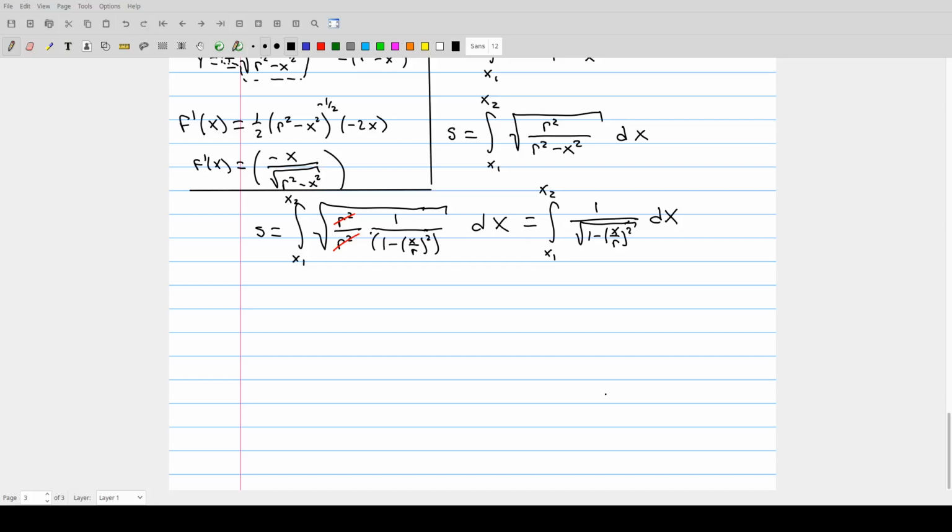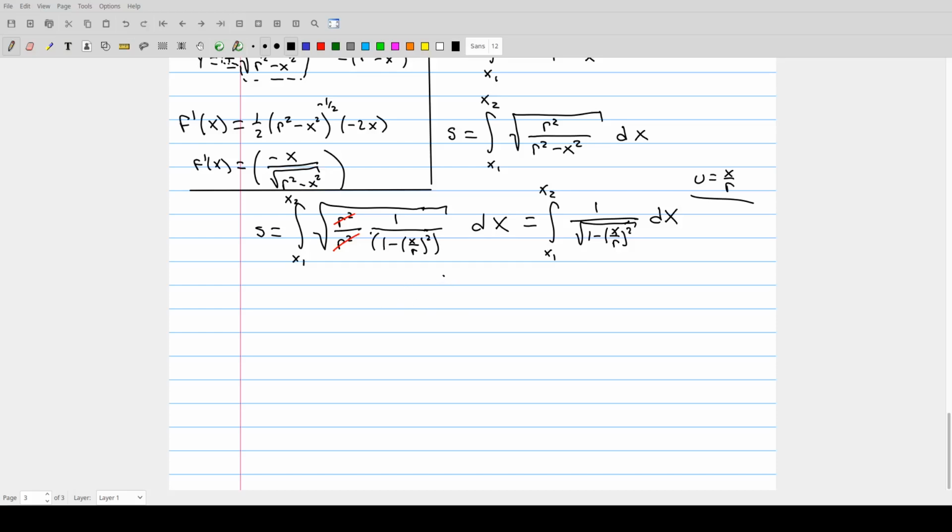By using a u substitution combined with the trig substitution, we can go through and get this integral. If you want to, you can first do a u substitution to get rid of this x over r, so you do u equals x over r. But you can just do a straight trig substitution if you want. That's perfectly fine as well, and that's what I'm going to do down here.